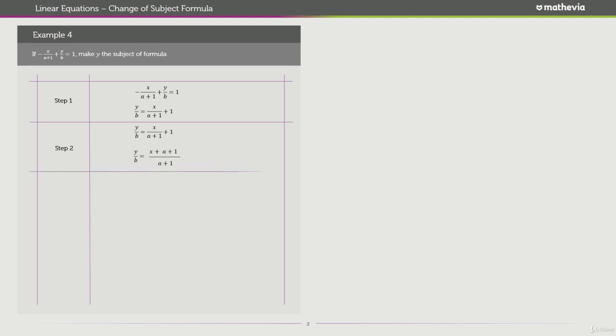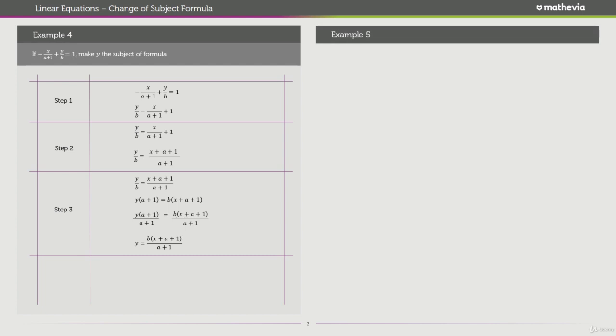And we have y over b equals x plus a plus 1 over a plus 1, and we just go ahead and cross multiply, and when we do that, we have y multiplying a plus 1 equals b multiplying x plus a plus 1, and then we divide both sides by a plus 1 because we want to get rid of the a plus 1. We don't want a plus 1 on the left, we just want y there. So we have y equals b multiplying x plus a plus 1 over a plus 1, and that is your answer. Very simple, very straightforward.